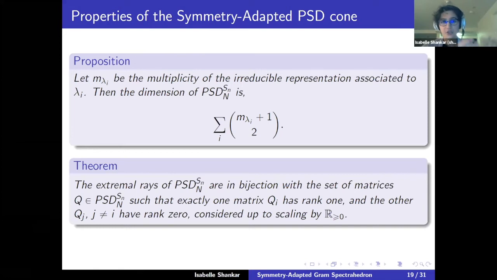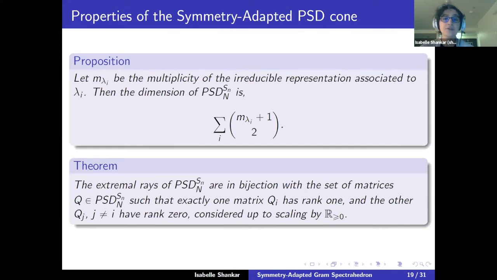But then the Qi tilde, since there are m lambda i copies of the Qi, is going to have rank equal to the dimension of the associated irrep, right? Because there's that many copies. Then the rest of the blocks will zero out, and all positive scalings of that define an extremal ray.